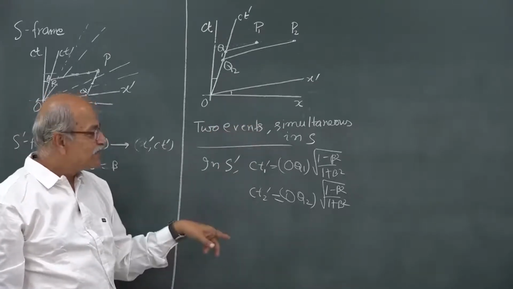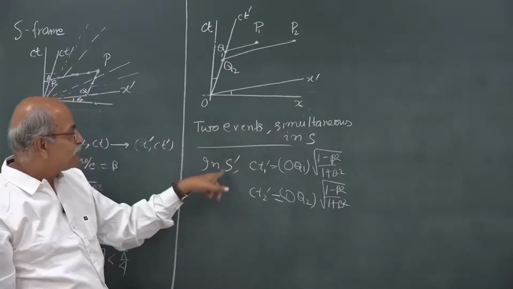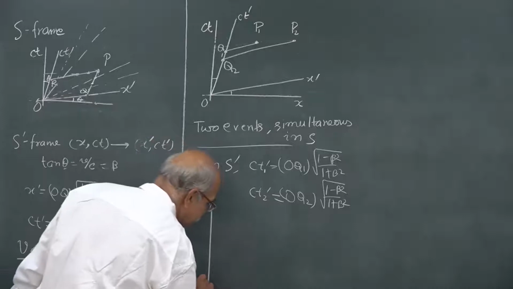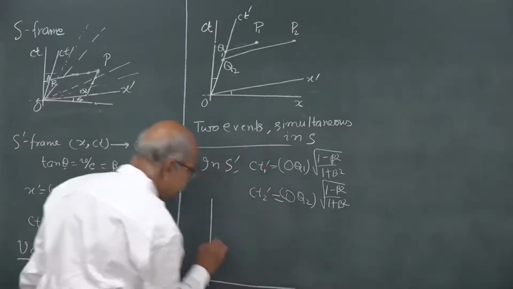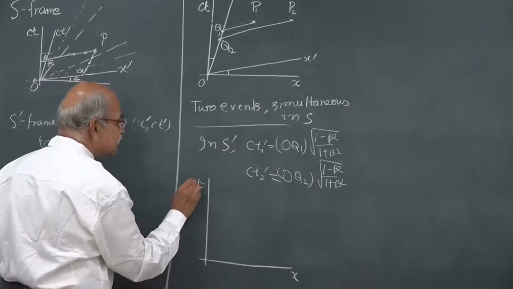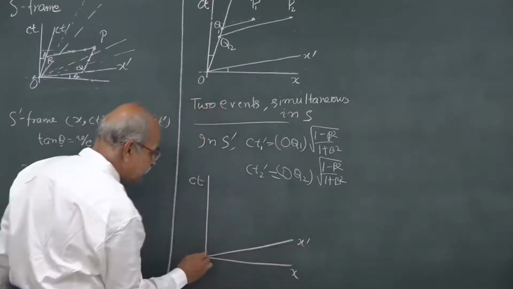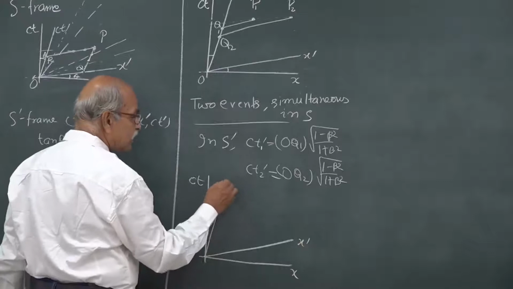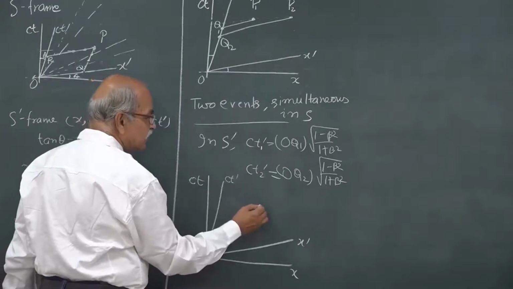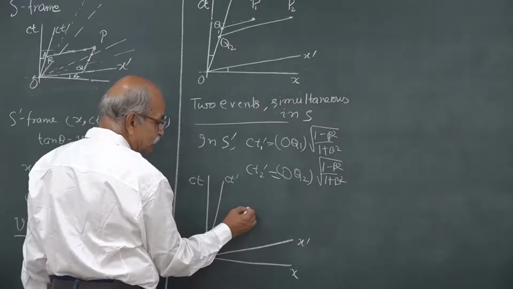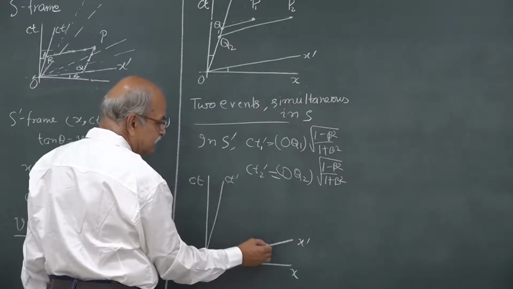You can draw events which are simultaneous in S prime in the same diagram. How do I do that? This is x, this is Ct, this is x prime, and this is Ct prime, and then you have 2 events which are simultaneous in S prime.